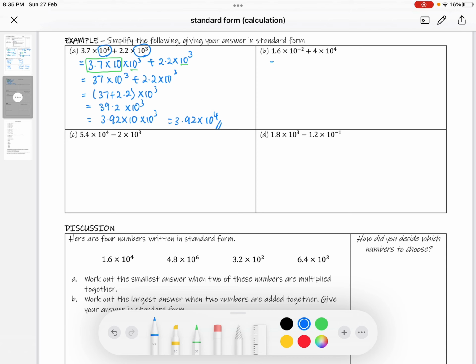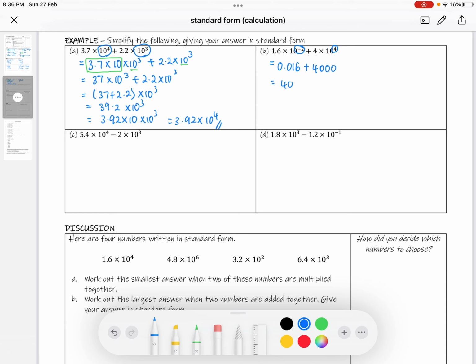So you can use another method as well. For this one, because it's minus 2 and 4, one negative and one positive, it is much easier. What we can do is change these two standard forms into ordinary numbers. So 1.6 times 10 to the power of minus 2 would be 0.16, and 4 times 10 to the power of 4 would be 4,000.